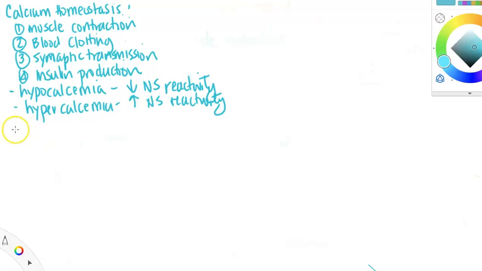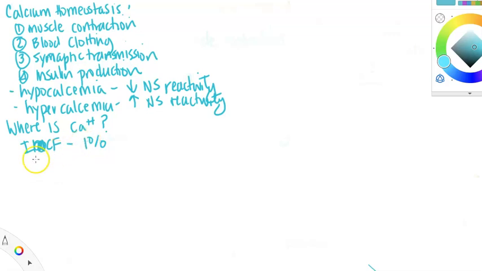So where is it? Where do we have calcium in our body? Well, we have it in the intracellular fluid, ICF. About 1% is located inside the cell.